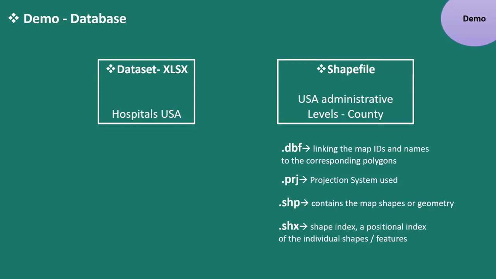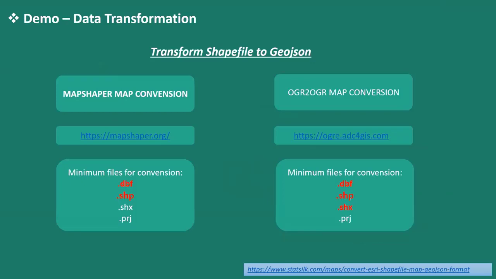In order to import the shape file into Power BI, we need first to transform it into a GeoJSON. In order to transform it, we can either use all the 4 files or 2 of them, the most important ones, which is the attribute file and the geometry file, DBF, SHP. So in order to transform it, we have a conversion link.